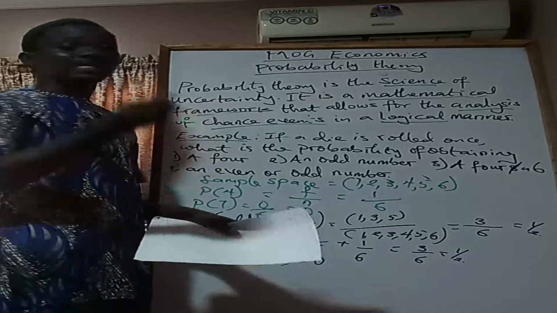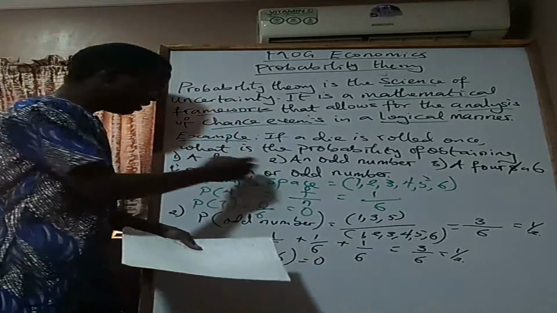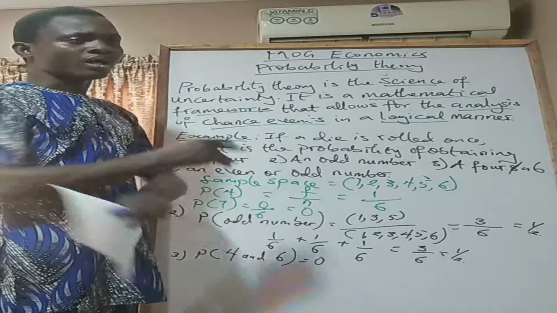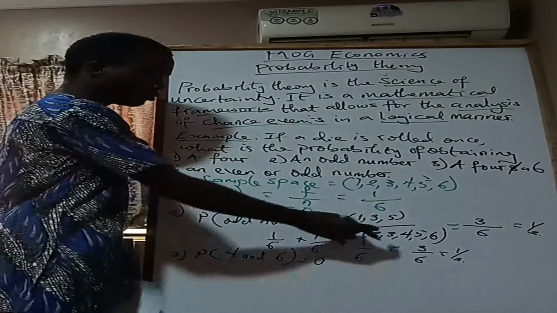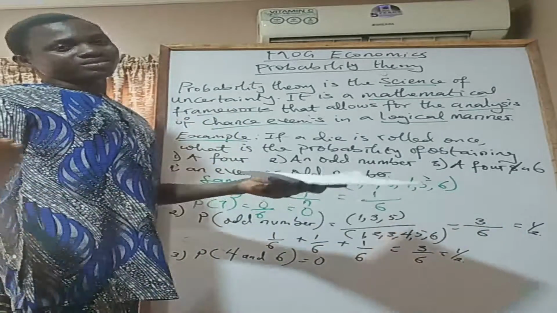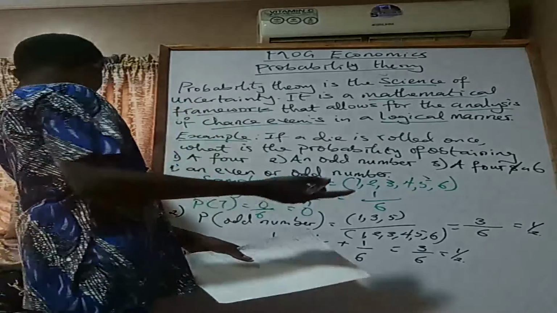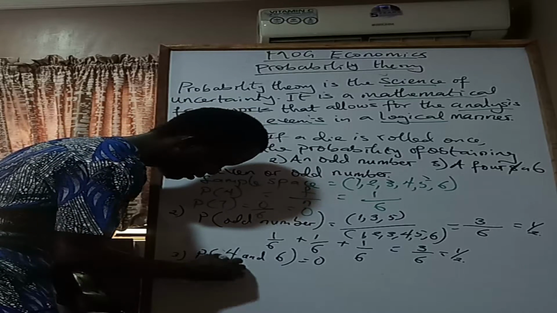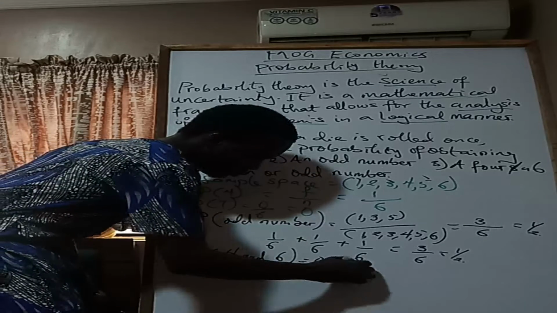Now, what's the probability of getting an even number or an odd number? This is interesting. So how do we go about that? Look at it again. Your entire sample space is 1, 2, 3, 4, 5, 6, right? The odd numbers are 1, 3, and 5.